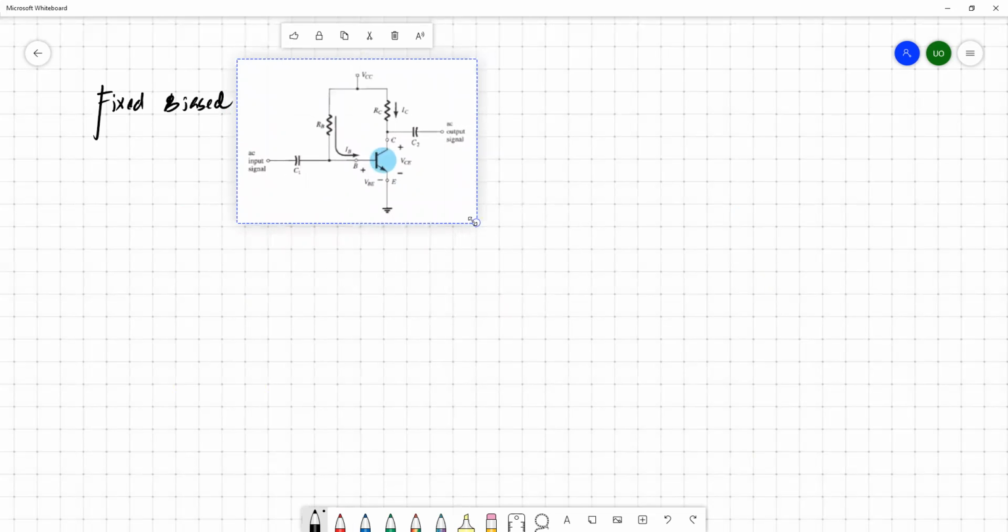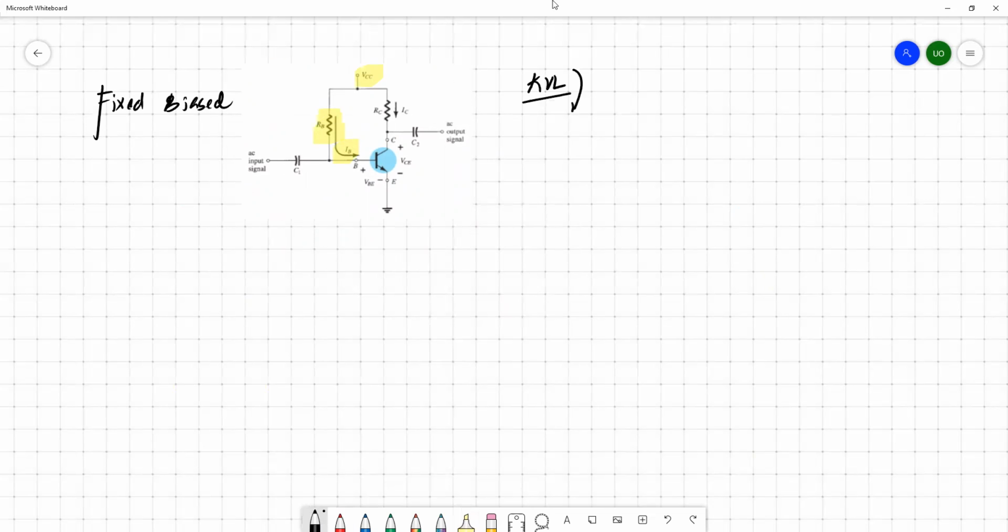So we have this base resistor, which is basically connected to the supply voltage. Through this RB, we can adjust the IB. For example, if we apply Kirchhoff voltage law, we can simply say that the supply voltage VCC equals IB times RB plus VB.